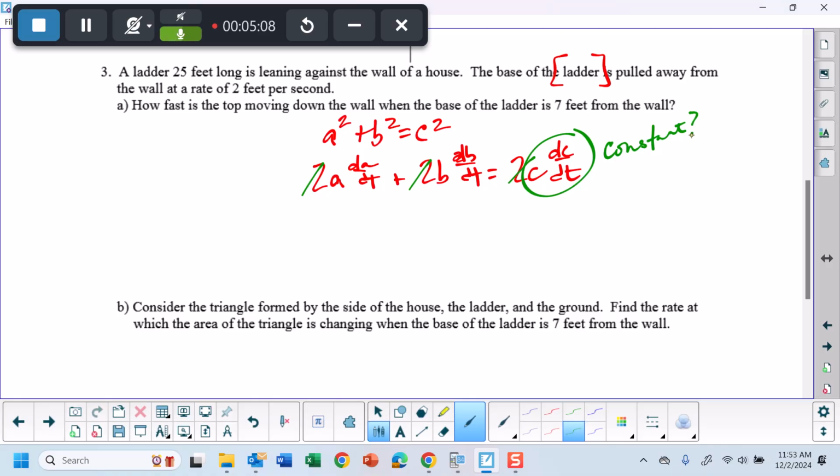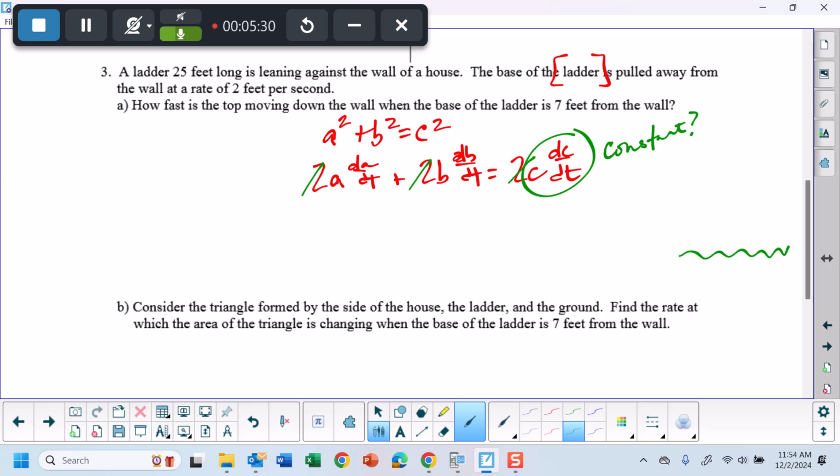With these conversations, what I want you to picture is, think of these related rates as a movie where we're talking about having this ladder slip away, and I'm pausing the movie at that moment to figure out what the rate of change is.